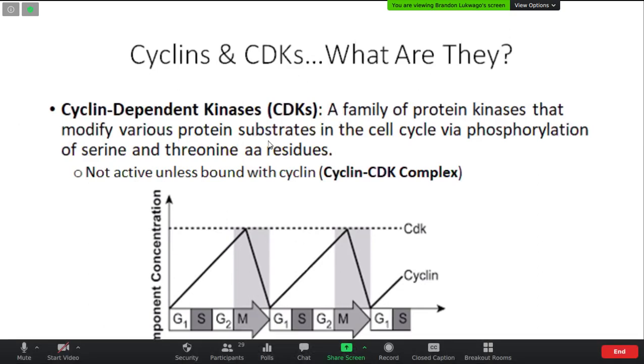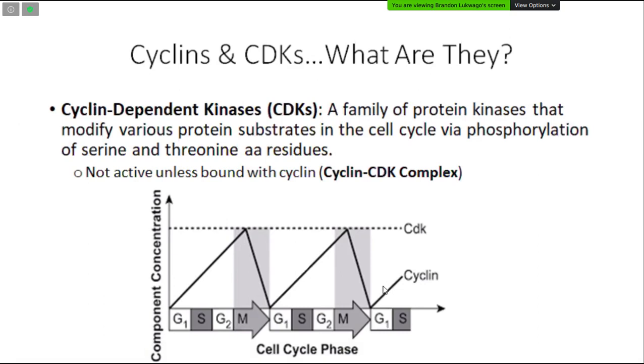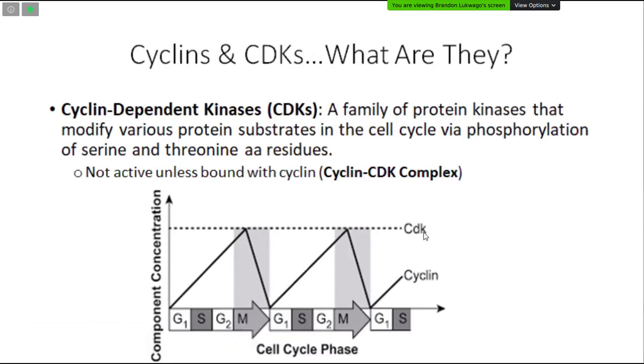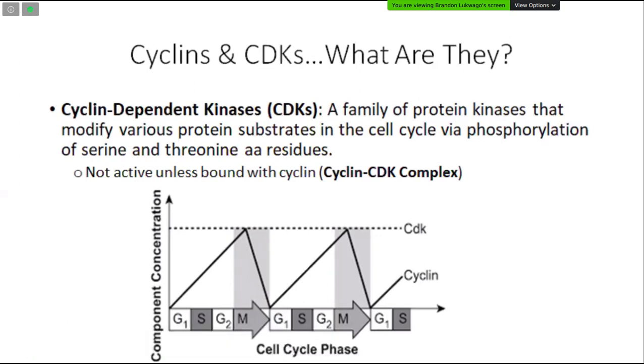CDKs are not active unless they're bound with cyclin. This graph shows that the concentration of CDK is constant throughout the entire cell cycle, while cyclin varies. That is the reason they're called cyclins: their concentration varies in a cyclic nature throughout the cycle.